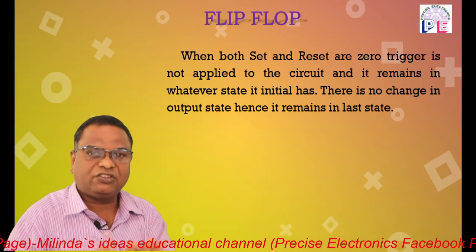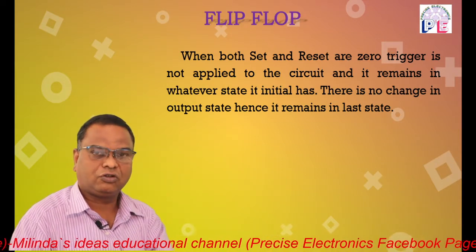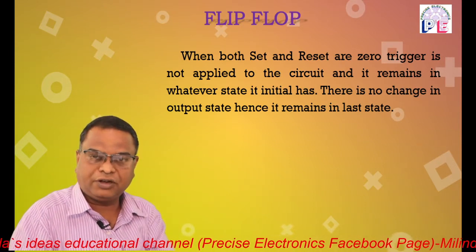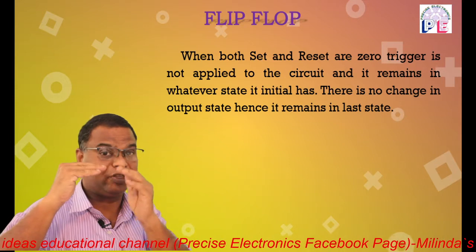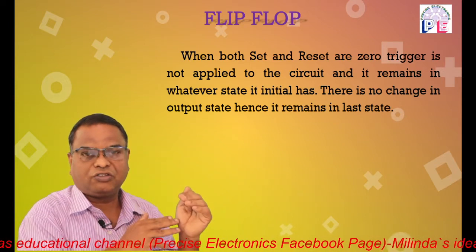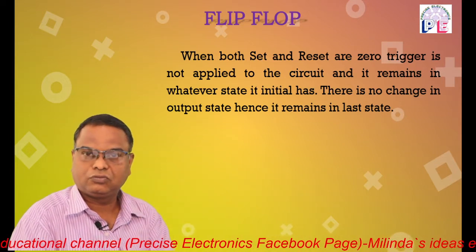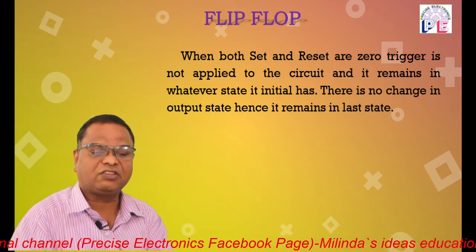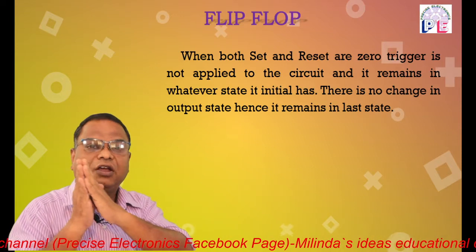So both transistors remain in off condition. So obviously the output of transistor T1 goes to high level because base potential is low, and the output of transistor T2 is also high level. But that is not practicable. So what is the output state? In this case, the output is the last state.